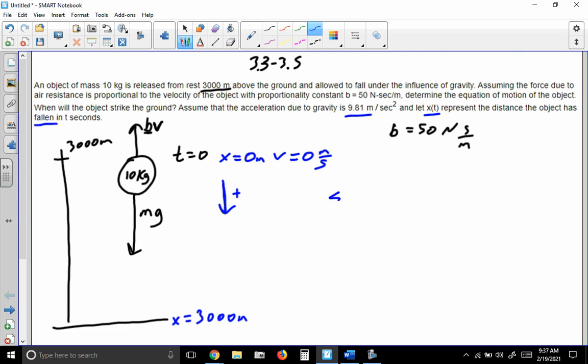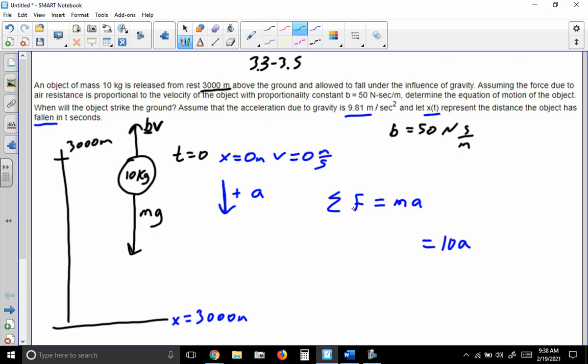So if we sum our forces, the sum of our forces should equal ma. Since it's going downward, it's accelerating as it's going downward, so our acceleration is a positive acceleration. So we replace mass with 10, and our acceleration is positive.